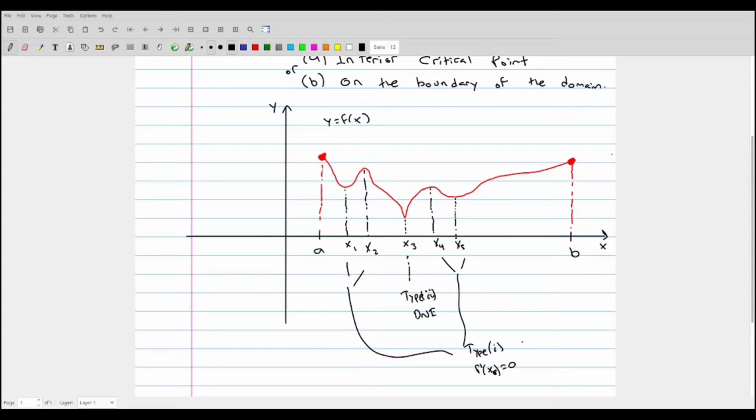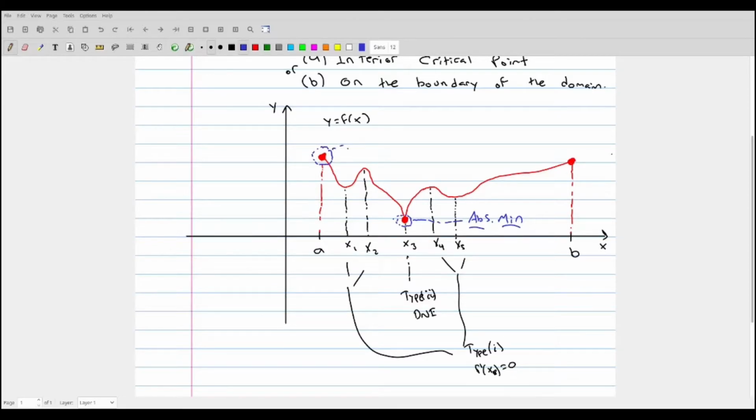And you see very clearly from this example function that all of the critical points are local maxes and or mins of the function, but the global max and min only occur at two separate points. The global minimum of the function occurs here at this critical point at x3. So we say that x3 is an absolute min of the function on the interval from a to b.